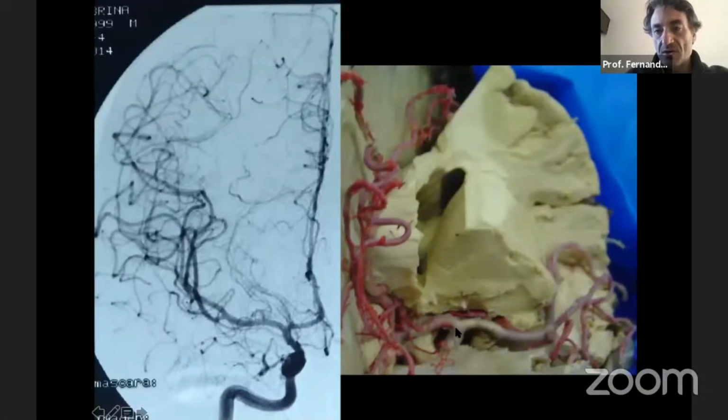We can see the carotid artery, middle cerebral artery, A1 segment, communicating artery, A2, A3, and A4. And here the carotid artery, A1, A2, maybe A3, and all of the perforators going to the ganglionic basal region.